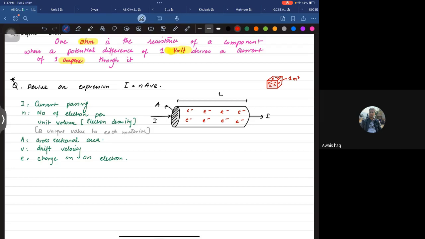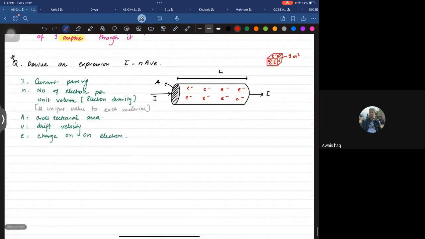Now, first of all, we'll start from here. Let me change the color. Current, initially I defined as charge over time, as you know.